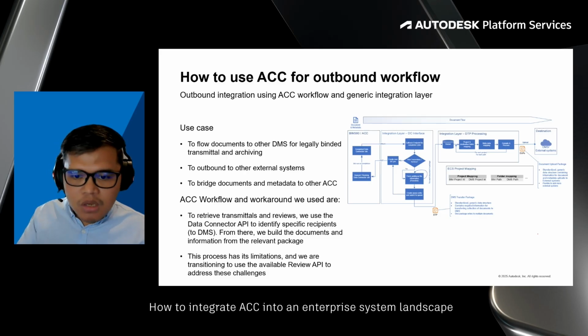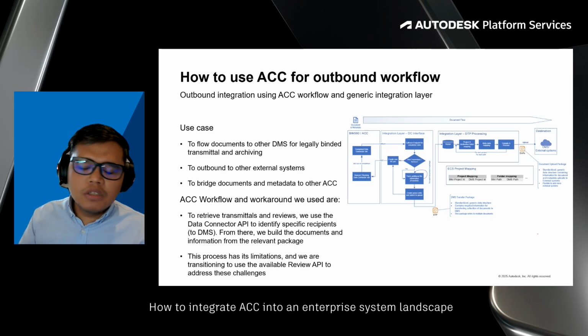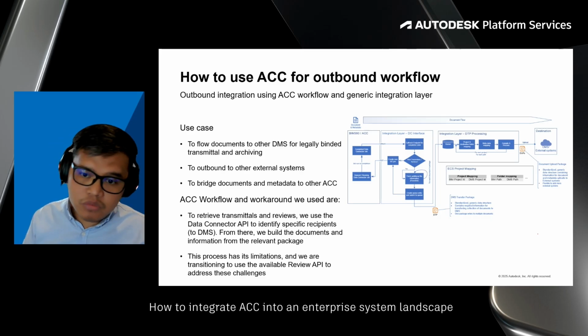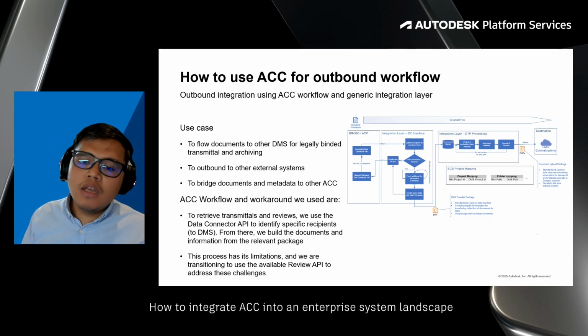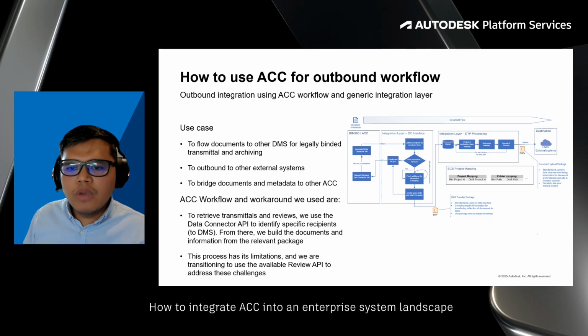Then we build the document and related packages based on that. We know that there's a beta release of the Reviews API, and we're transitioning towards using that. But for transmittals, we're still waiting for a Transmittal API so we can obsolete our Data Connector usage.